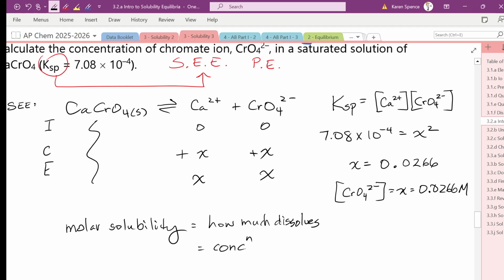What is the concentration of CaCrO4 in this question? 0.0266, because this is a 1 to 1 to 1.